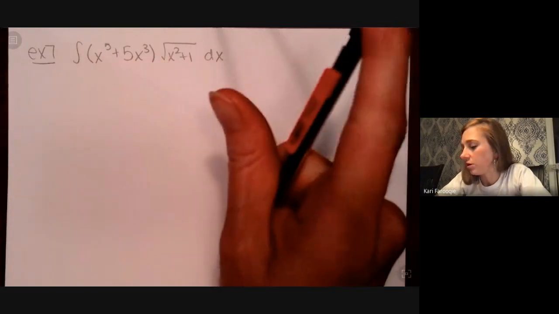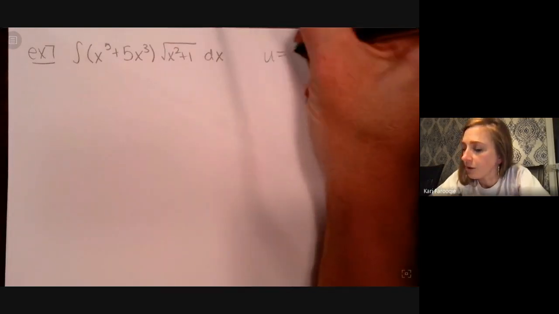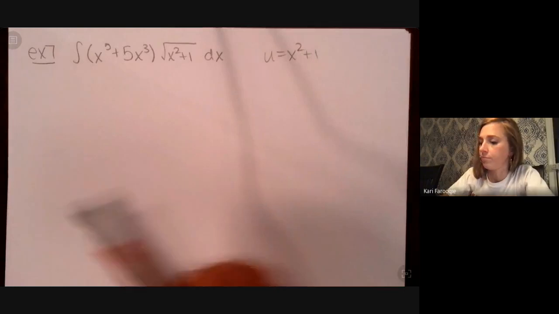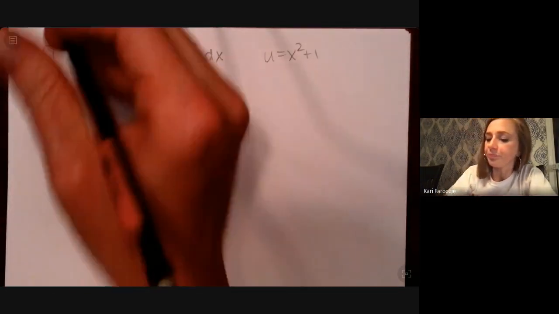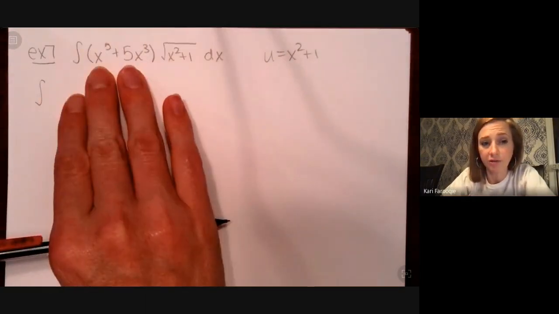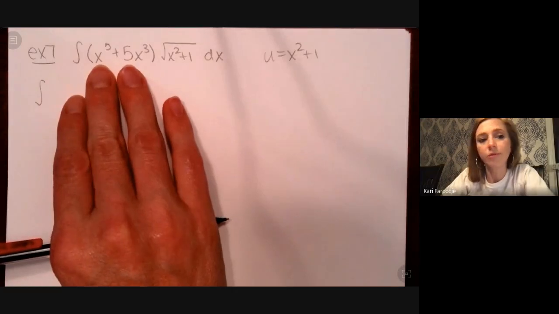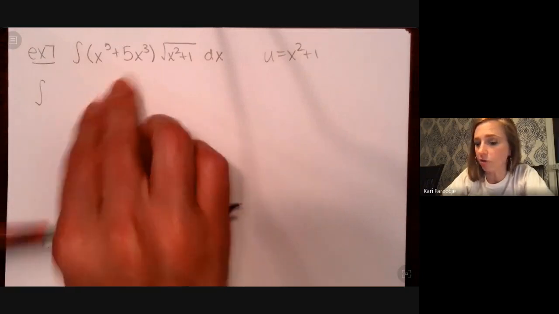So that should be leading you to letting u be the radicand, x squared plus 1. Okay, so this is good. If u is x squared plus 1, you might want to rewrite this and just sort of start building it. My suggestion to you would be to factor out this x cubed and look at this quantity without having to focus so much on these additional factors.